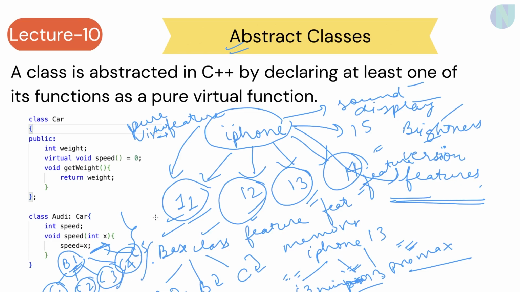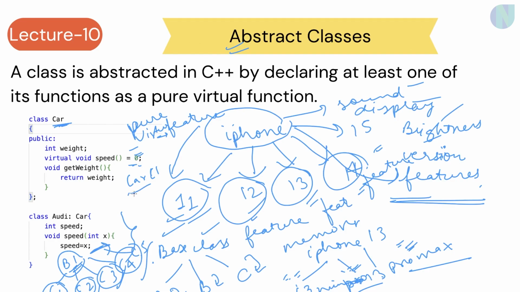Here, an abstract class is something which cannot be used to instantiate any object. Why? The reason is, consider this class is abstract. Whenever you create an object of this class and call methods like speed, there is no implementation for the same, it's only the declaration.